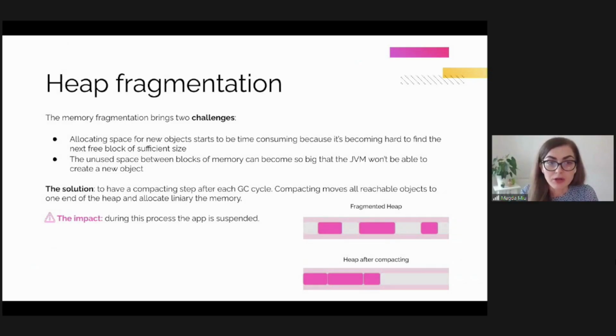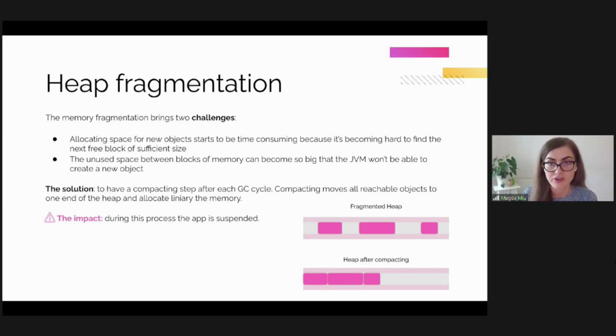When we talk about heap fragmentation, we actually talk about two different challenges. The first one is that when we use the app and we need to allocate some space for newly created objects, at some point it becomes too difficult to find the next free block of sufficient size for our objects.